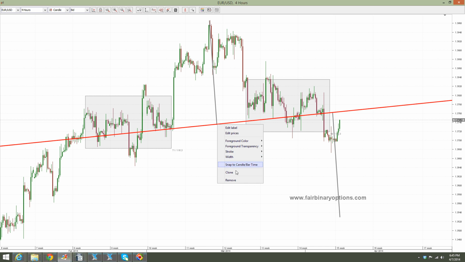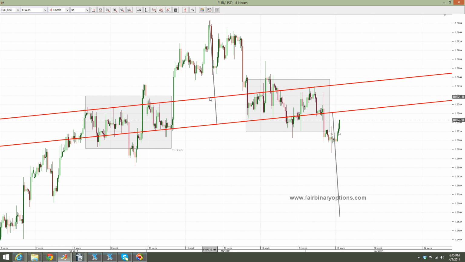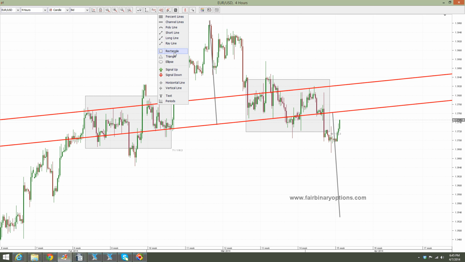Clone this line here and project it to the upside, something like this, in order to see the amplitude that was respected so many times here and here and here, even though the actual left shoulder and right shoulder go with those spikes. But this is the amplitude that I'm interested in. From here, respected here as well, respected on the right side as well.